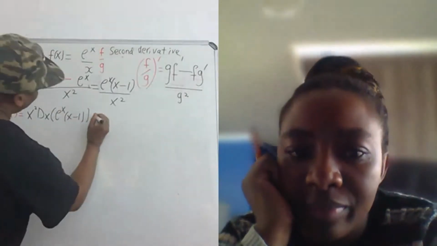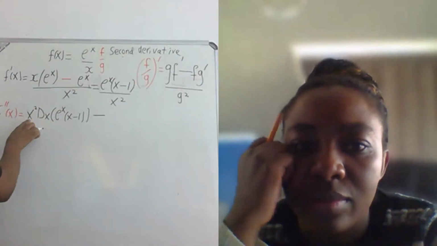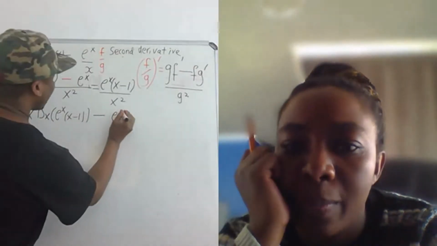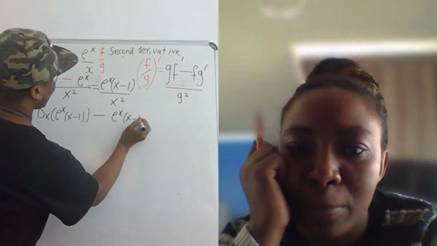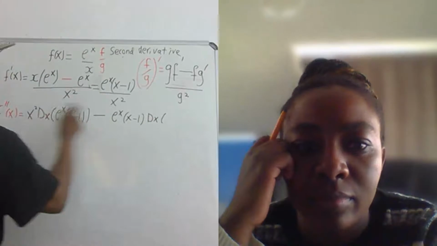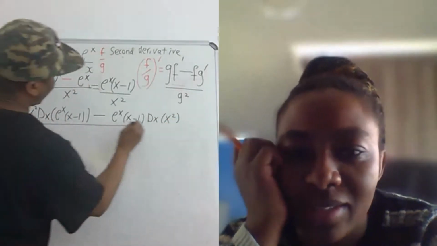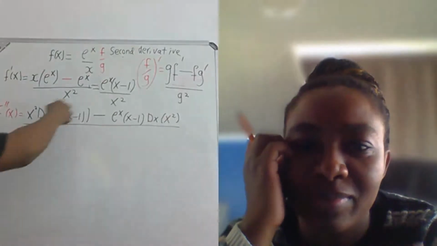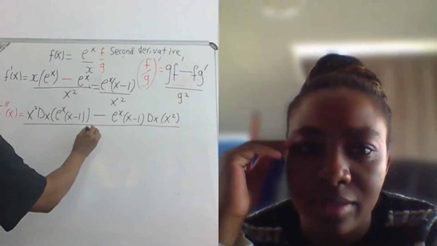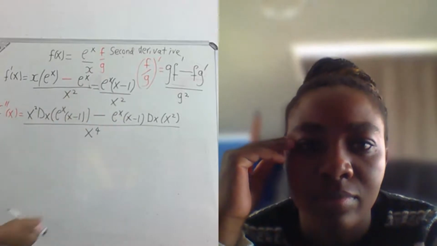And then which sign? Minus. And then we switch it. This is going to be constant, we differentiate there. So x minus 1, and then we differentiate x squared, which is 2x. Then we put it over what? x power 4, because x squared squared is x power 4.